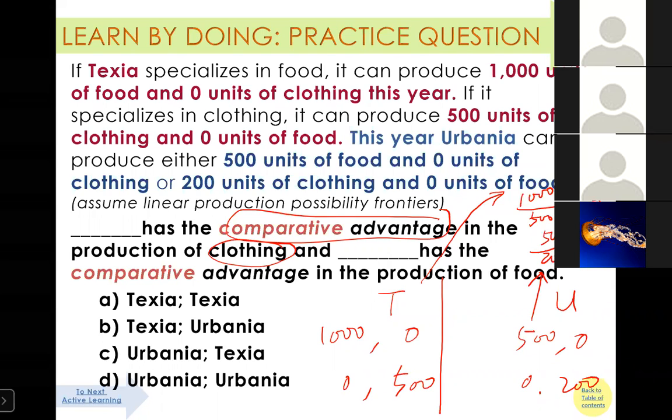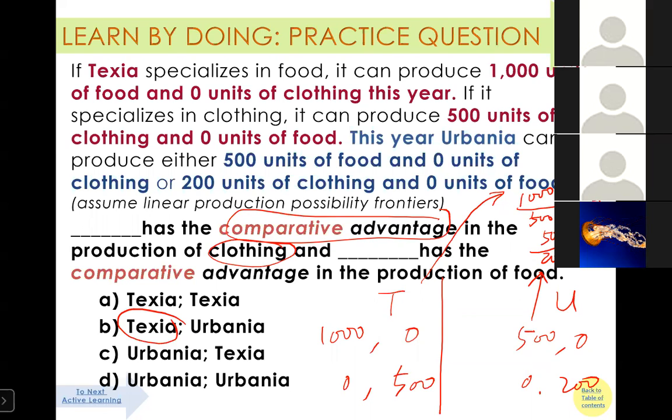They give up 500 food to get 200 clothing, equal to 2.5. And then clearly, Texia has comparative advantage in the production of clothing because it costs 2 versus 2.5 in Urbania. Right? Now, who has comparative advantage in the production of food?